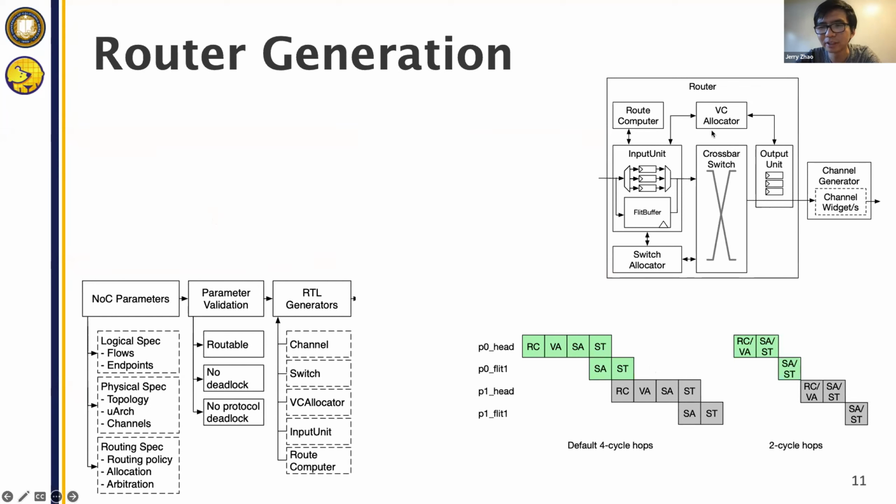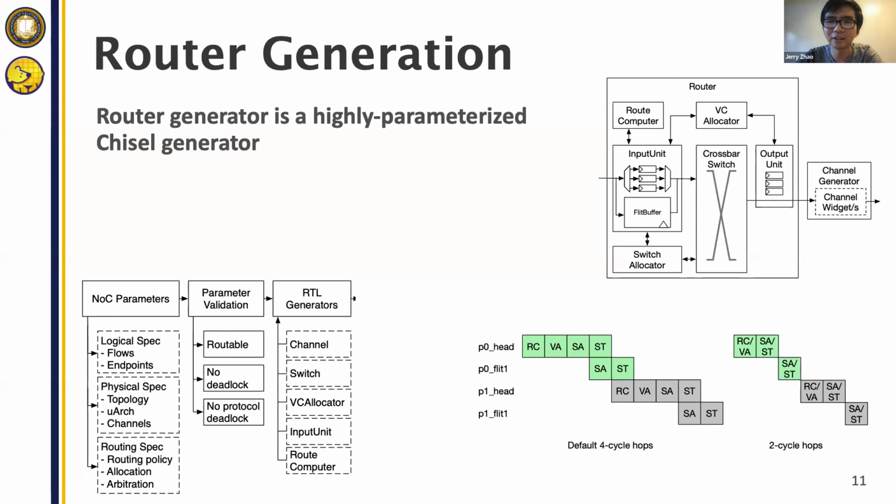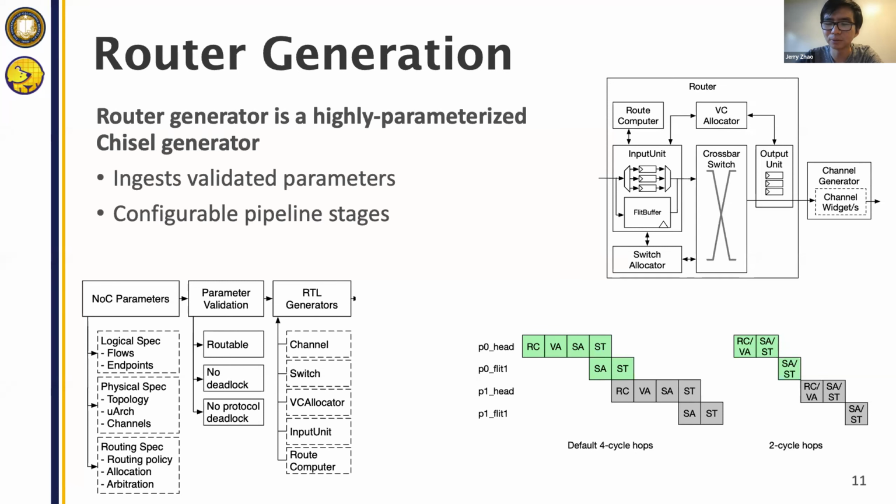Notably, the router generator is fully parameterized and it can support generating a router of arbitrary radix, implementing an arbitrary routing policy. We do this by leveraging the Espresso tool support in Chisel 3, where we can use Espresso to generate an efficient routing table within each of these routers.